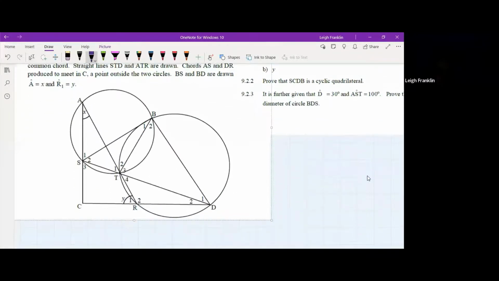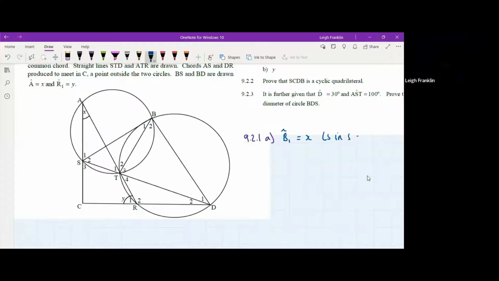This is 9.2.1a. And Siatemba says that, let's just do it the other way around. Not that it matters, Siatemba. Okay, so B1 is also equal to X. Reason, Siatemba? Angles in the same segment.